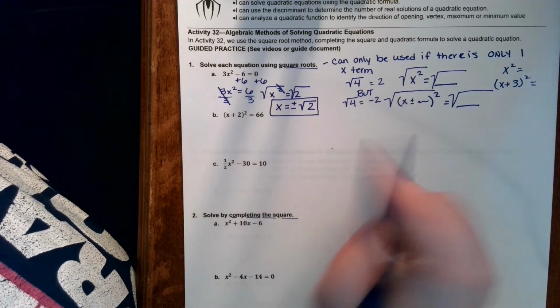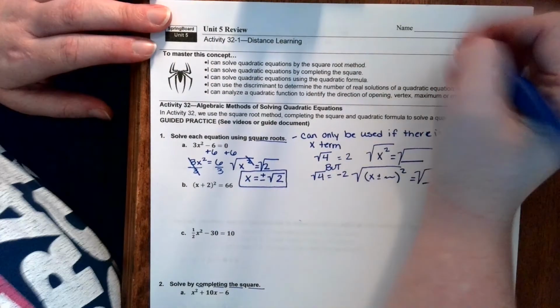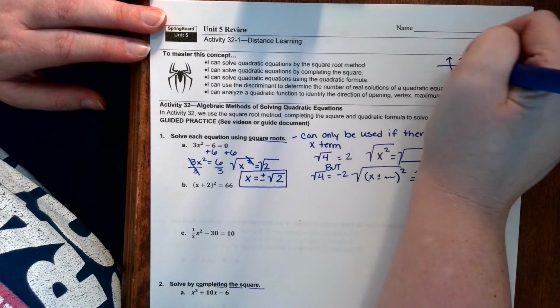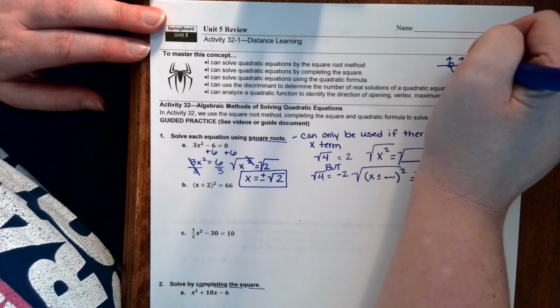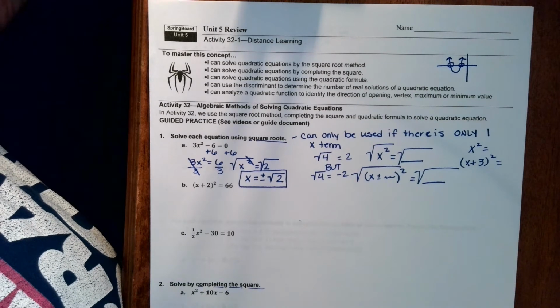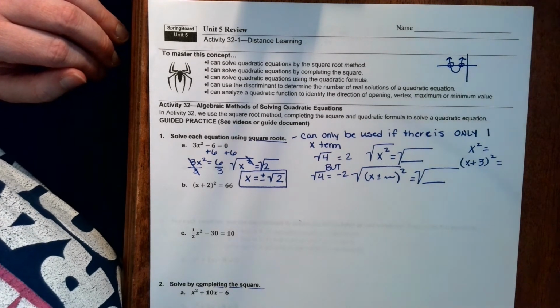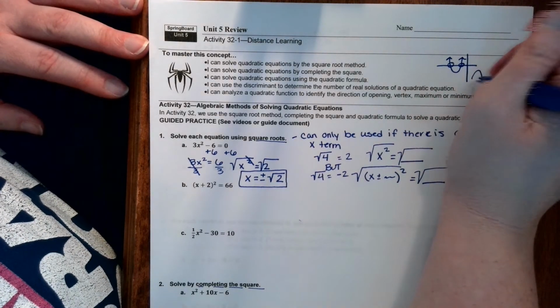So if you remember, when we look for solutions to quadratics, we're looking for the x-intercepts. And most quadratics have 2 x-intercepts. You could have none, like it could sit above or below the line and not cross it.